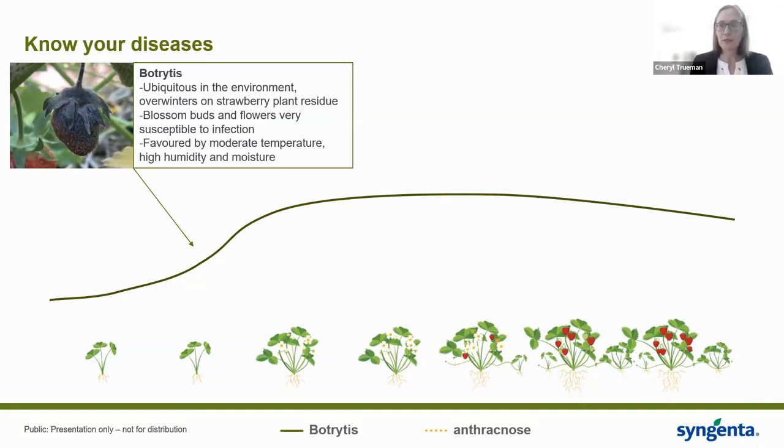We know blossom buds and flowers are particularly susceptible to infection, and that it's favored by moderate temperature and high humidity and moisture. So I've drawn out this kind of relative risk curve here over the growth stages, and this example is in June-bearing berries, where we start to see disease risk increase into that bloom period.